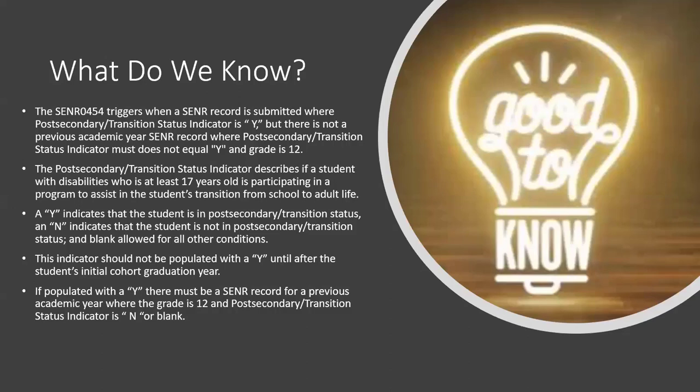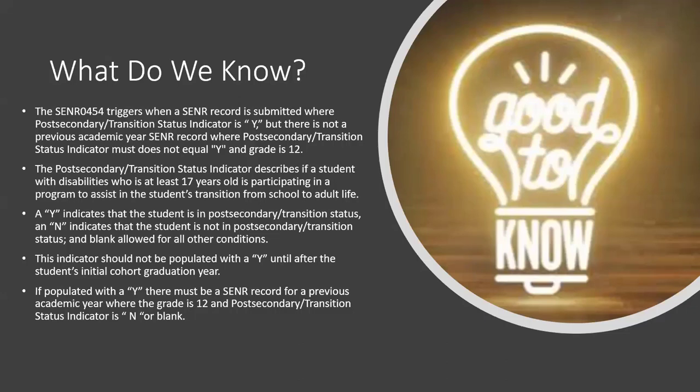You know that the SENR0454 triggers when a student enrollment record is submitted when the post-secondary transition status indicator is yes, but there is not a previous academic year SENR record where the post-secondary transition status indicator does not equal Y. So that tells me that either A, the previous year is not grade level 12, or the previous year is grade level 12 and the post-secondary status is a Y, right?